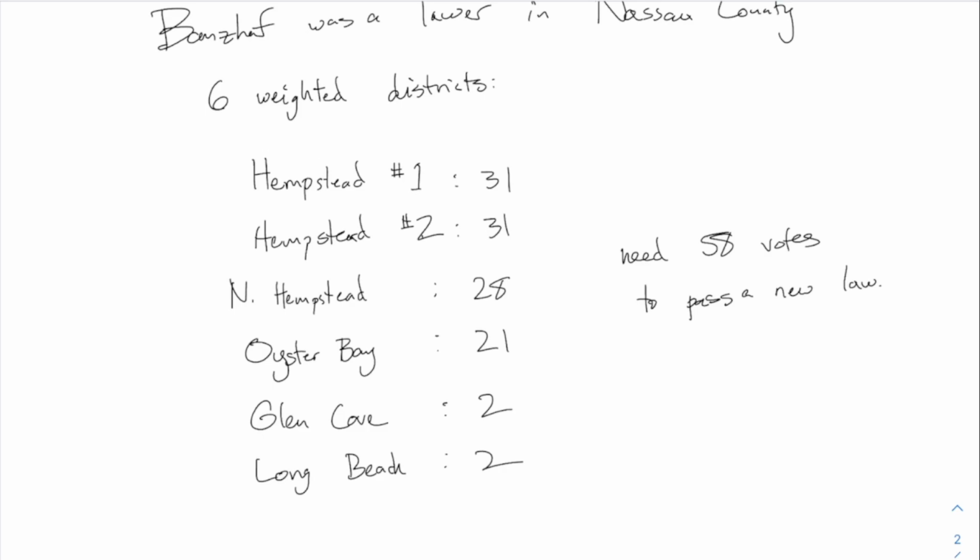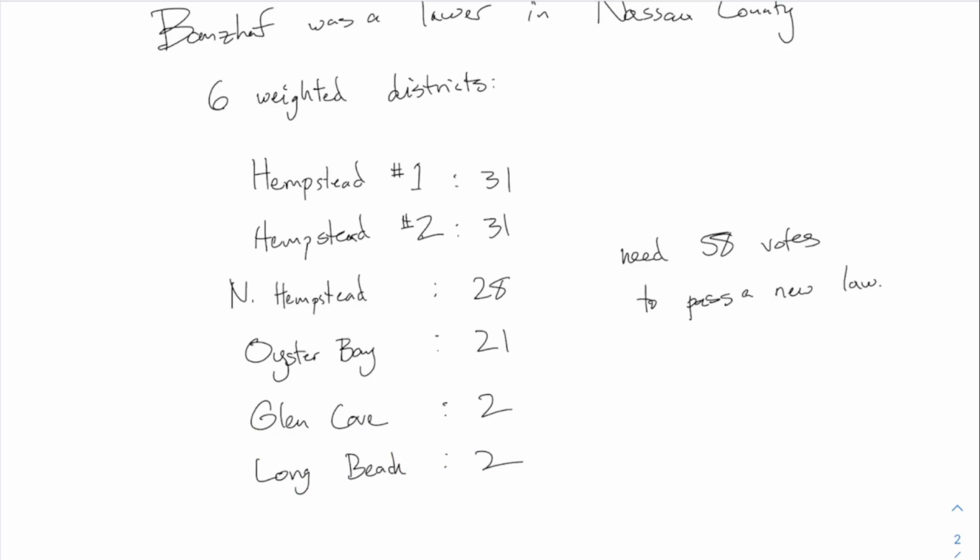Now, Banzhaf, living in this scenario, I believe lived in one of the little ones. Let's say Banzhaf lived in Glen Cove. Looking at these numbers, Banzhaf realized that to get to 58, Glen Cove and Long Beach are dummies in this system.